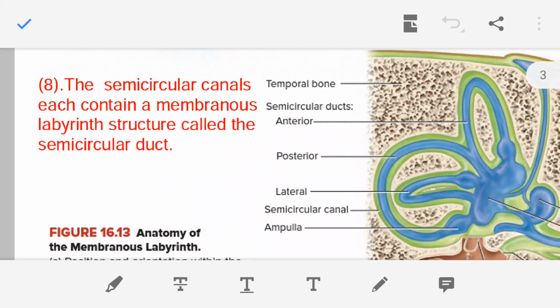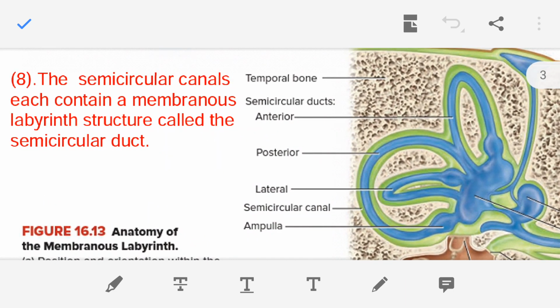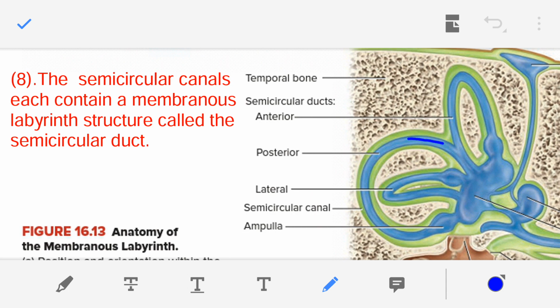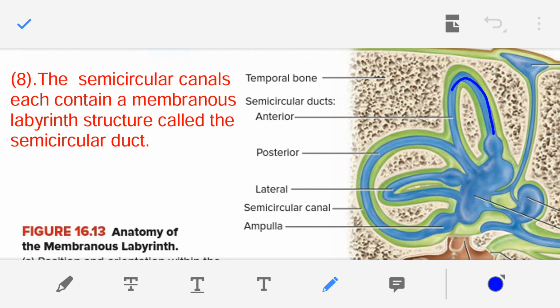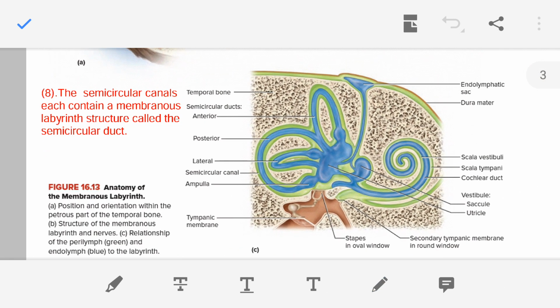So inside the semicircular canal, this blue color portion, the membranous labyrinth, is known as the semicircular duct. So this one is a semicircular duct, this one a semicircular duct.